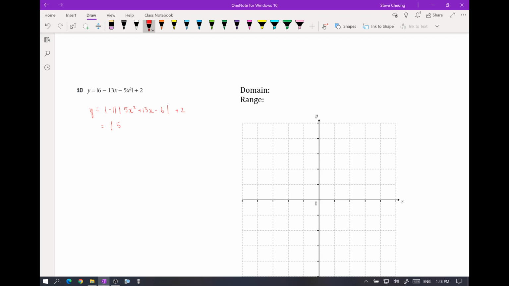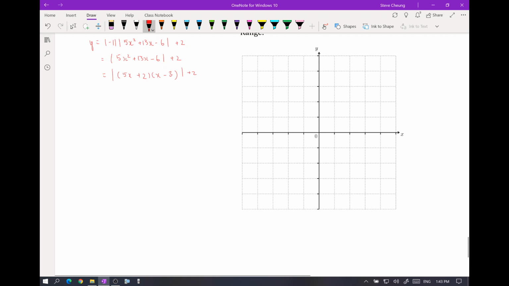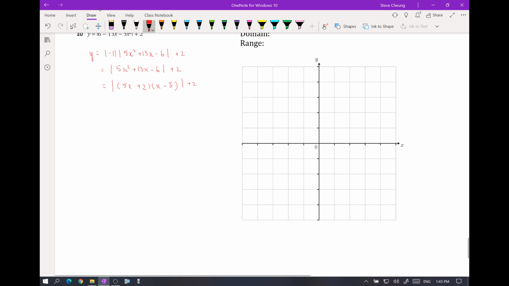I could technically just write down this line here, but just to show you what the process is, and factor it. It should be 2 and 3. Nope. It should be -3 here and +2 here. You determine what they are.